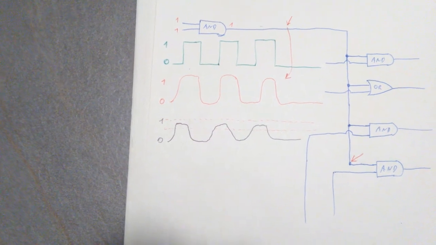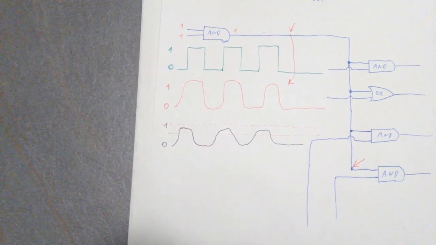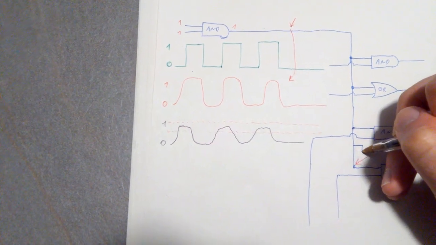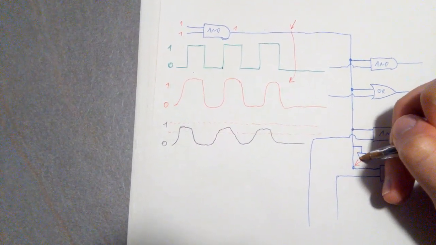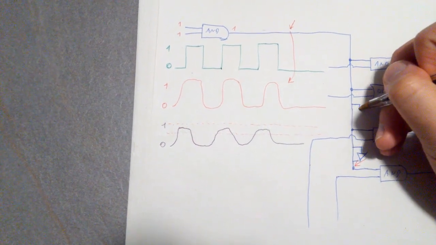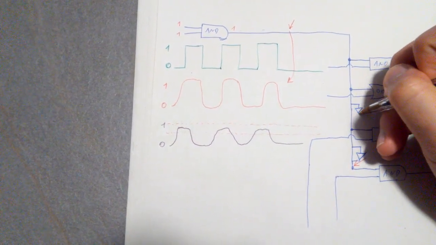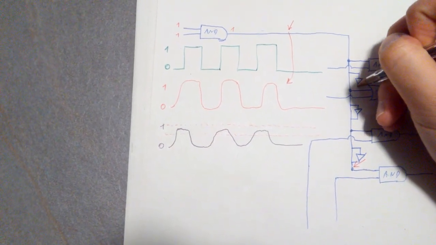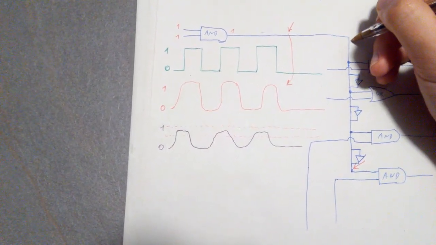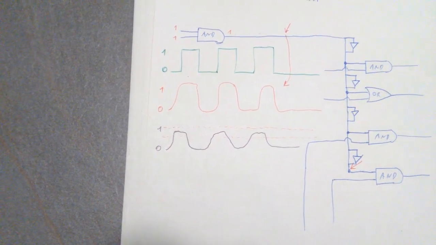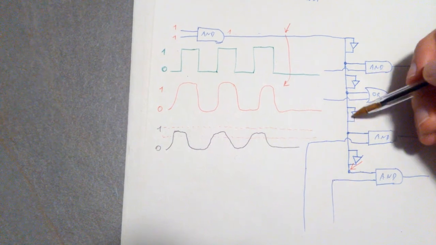So let me put a buffer here, and perhaps a buffer here, and perhaps a buffer here, and perhaps a buffer here. So now I have those buffers.